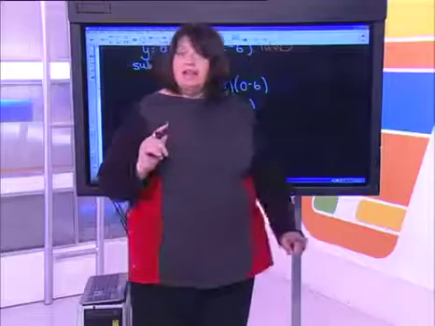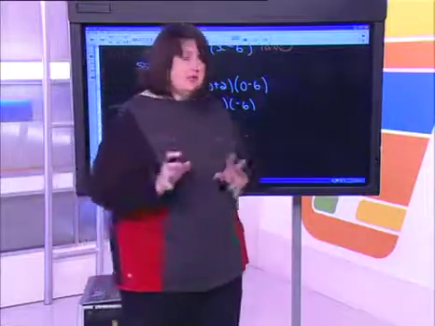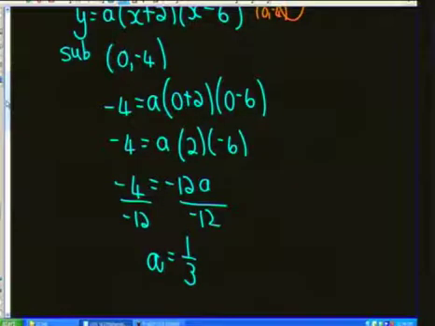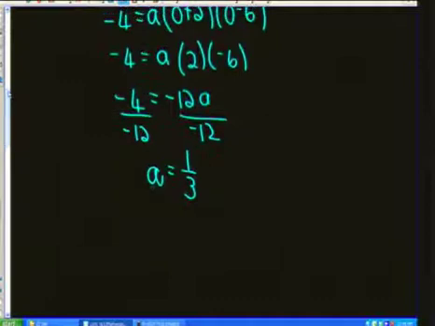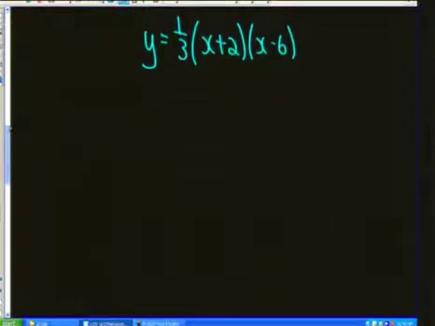Are we finished? No, because they said write the equation in the form y equals ax squared plus bx plus c. So let's do that. I'm going to go back here. We know it's going to be y equals 1/3, x plus 2, x minus 6, and we're going to multiply out this delight. I like to multiply the brackets first, and I'm sure you do too, because the fraction in there is not going to be fun immediately.